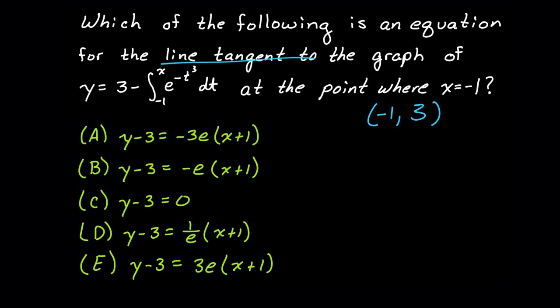And now we need to know what the slope is. Well, the slope would be y prime. Now the derivative of 3 is going to go to 0. And then this derivative of the integral is negative, because you have a negative out in front of the integral, e raised to the negative x cubed.